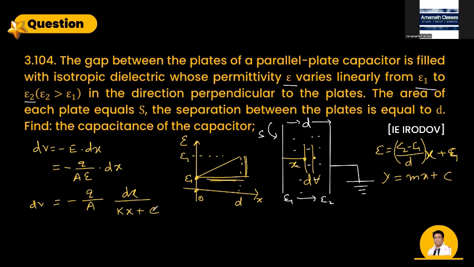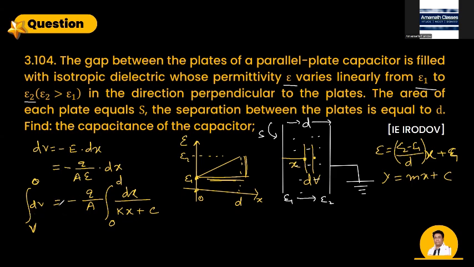Now I need to integrate. Remember, when x is 0, the voltage is V, but when x is d, the voltage is 0, because it is grounded. So the potential difference is V at one point, and when you go to the other point, it goes down to 0.